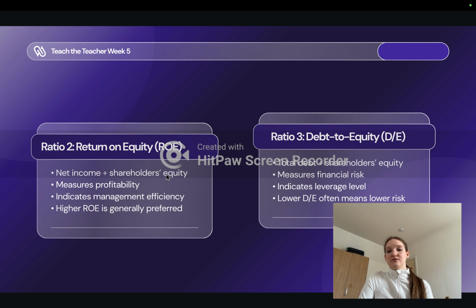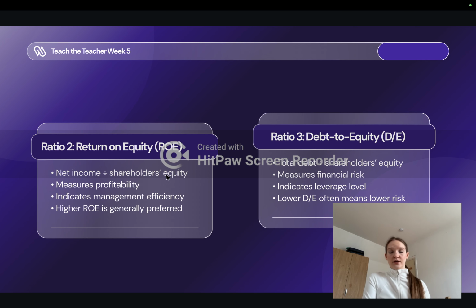Another one, the debt to equity ratio, is calculated by total debt divided by shareholders' equity. It measures the financial risk of the company, and if the DE ratio is low, it may mean lower risk.